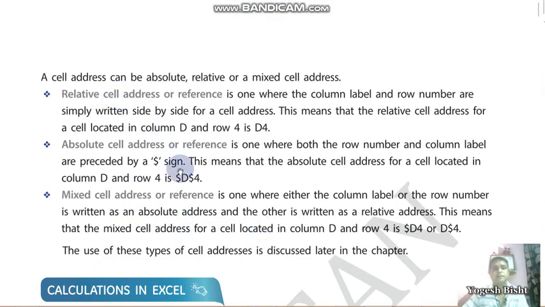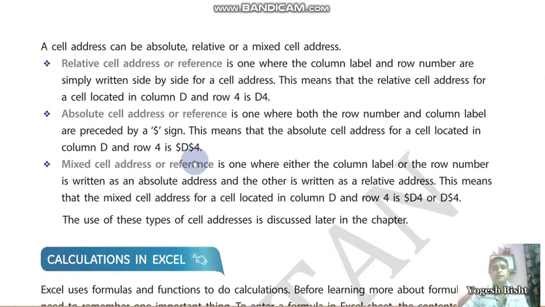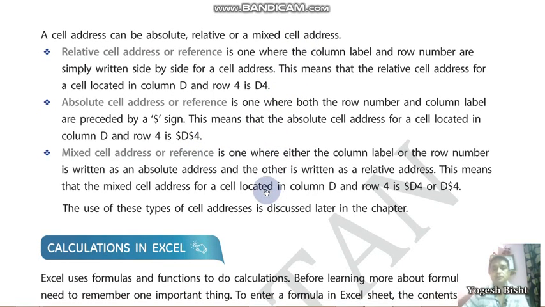A cell address can be absolute, relative, or a mixed cell address. So there are three types of cell addresses we work with in Microsoft Excel. These three types are relative cell address, or we can also call it a relative cell reference, second is absolute cell address or reference, and finally we have a mixed cell address or reference.